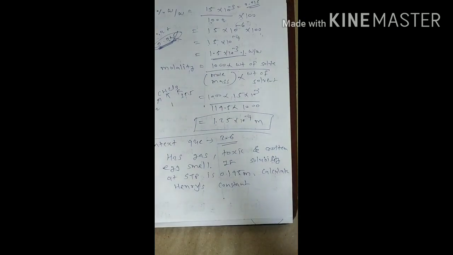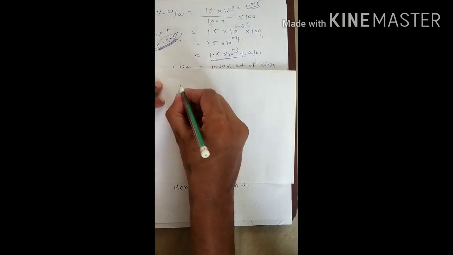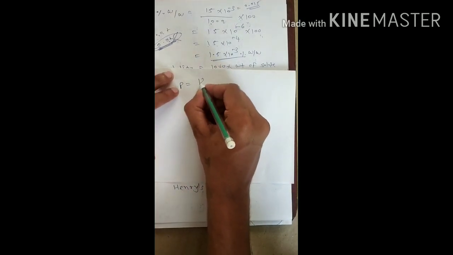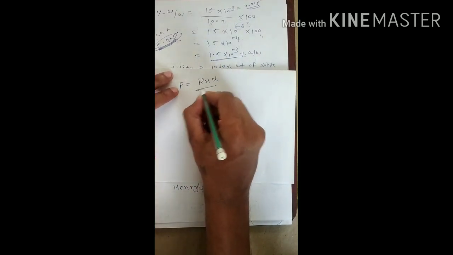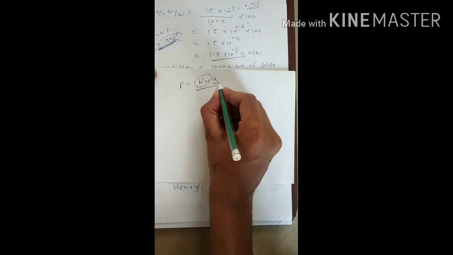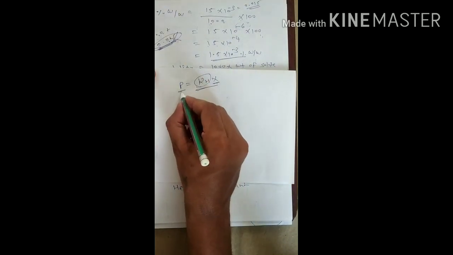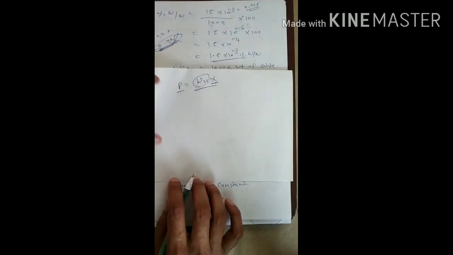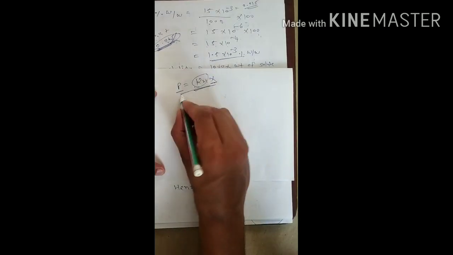What was Henry's law? P is equal to KH into X, where KH is Henry's constant, X is the mole fraction of solute, and P is pressure. So we are going to use this equation for examples now.